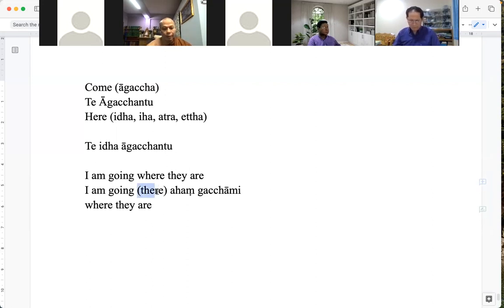Because of there, even though not included in the English sentence, in Pali we need to put it: tattha or tatra, anything you like. So aham tattha gacchami.